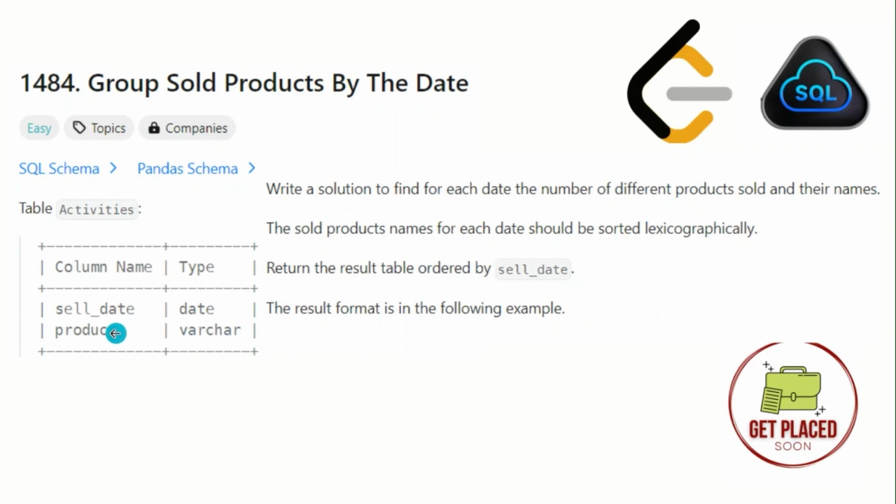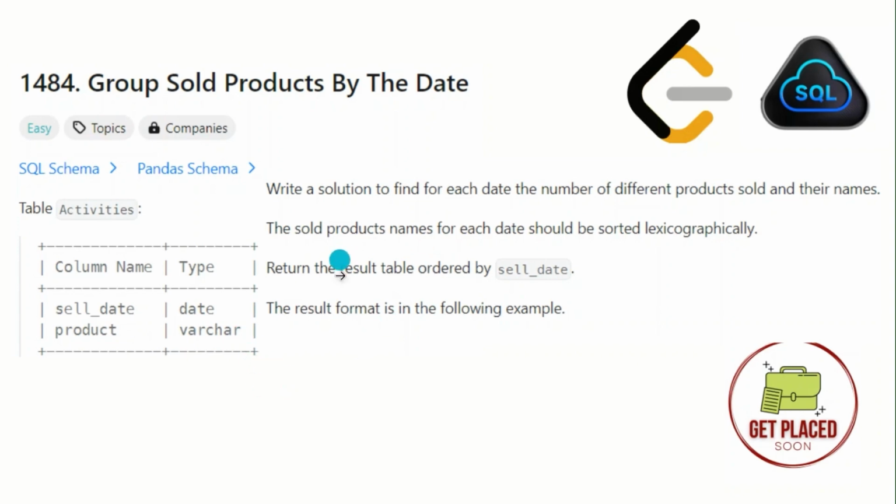So here, for each and every product, separately the date is mentioned. From the table given here, we have the product and the date on which it has been sold. Separately, multiple items are also listed.